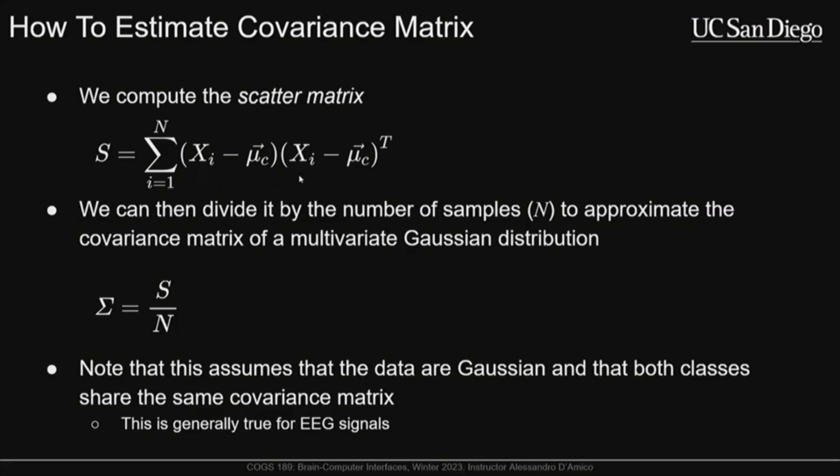We then multiply this with that exact same calculation's transpose, and we sum all of those data points together. So the scatter matrix is just the sum of every single data point minus the mean of the class that data point belongs to, multiplied by its transpose. That's the scatter matrix. If you've ever learned about scatter matrices or correlation matrices, this is a very standard set of operations.